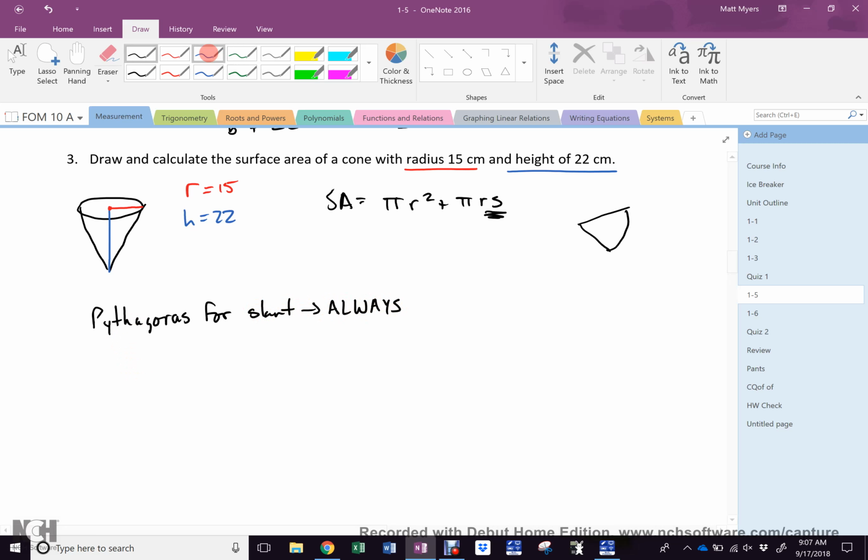Our triangle looks like this. H, 22. R, 15. What is S? The square root of what? 22 squared plus 15 squared, which is the square root of 484 plus 225, 709.